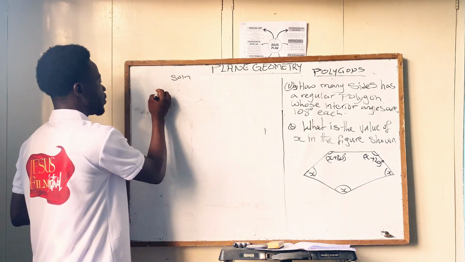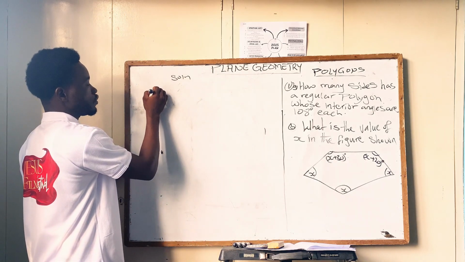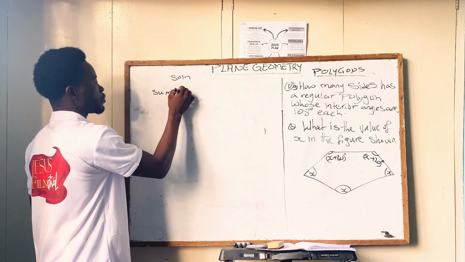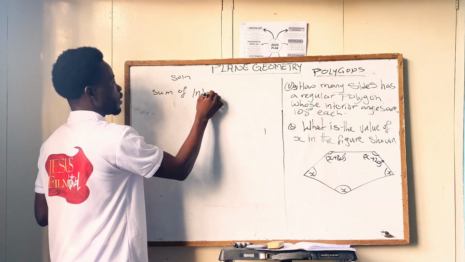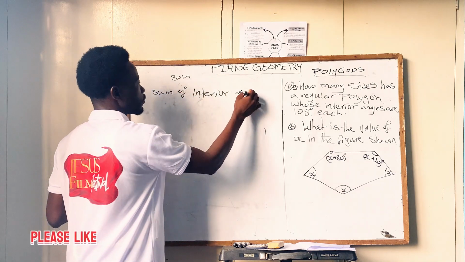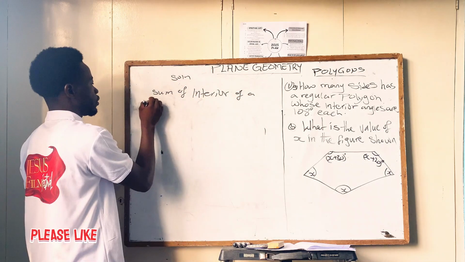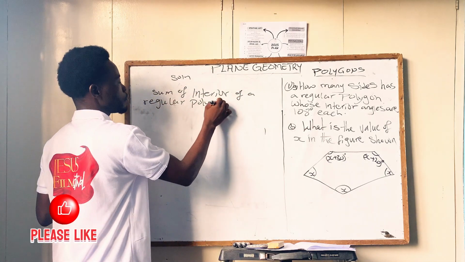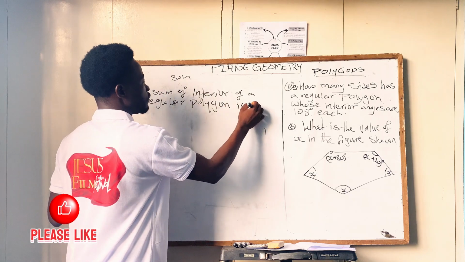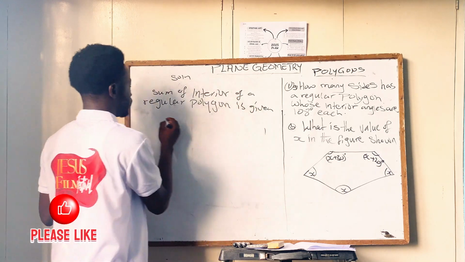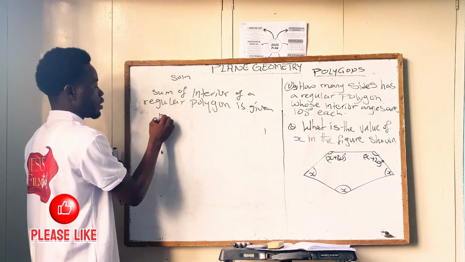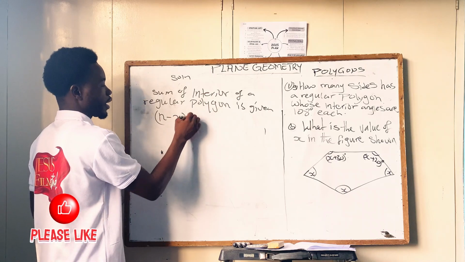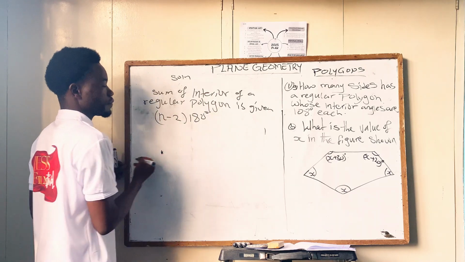The sum of all the interior angles of a polygon is given by n minus 2 times 180 degree.